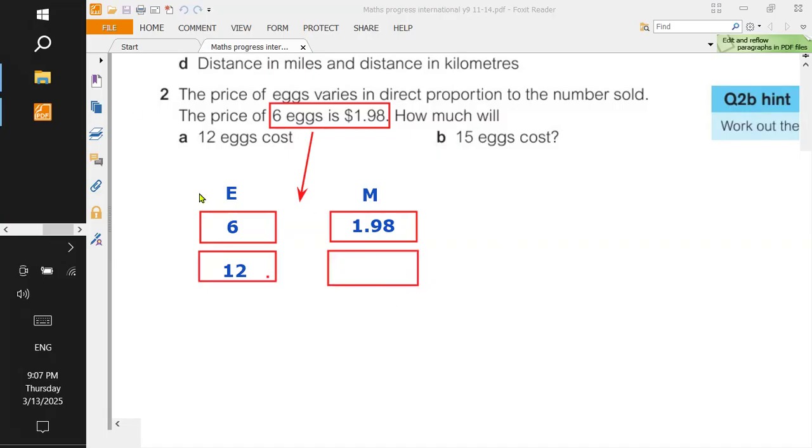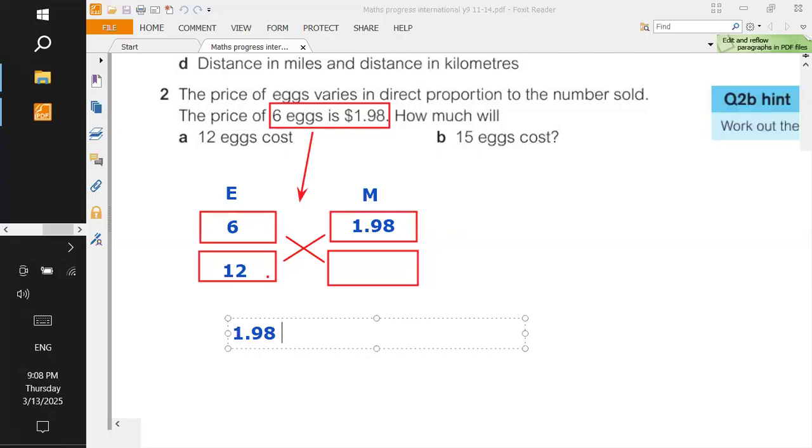Now, I put an X between these boxes like this in the middle. Now I take the ones connected with a line and multiply them by each other. So the two boxes connected with a line are these boxes. So I have to multiply them by each other, and then divide the answer by the box that I didn't use. So I'm going to take 1.98 and multiply it by 12.